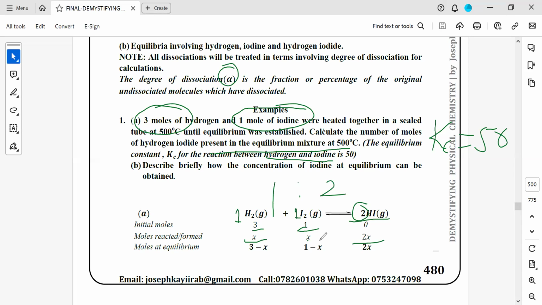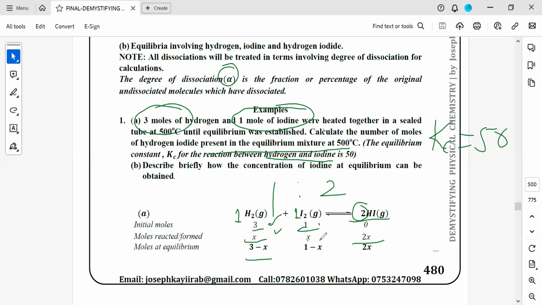Then we'll have the number of moles at equilibrium. To get the number of moles at equilibrium, for the reactants we take the initial number of moles minus the moles that reacted. For the products, we take the initial number of moles plus the moles that were formed. So on this side we have 3 minus X, which gives us the moles of hydrogen at equilibrium.